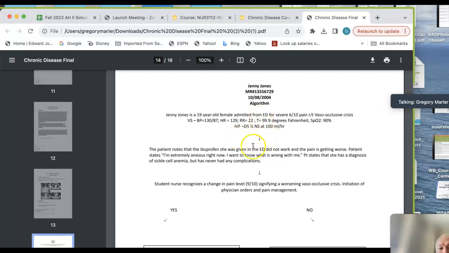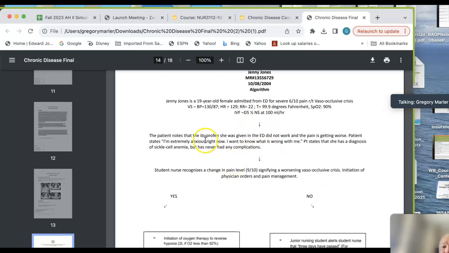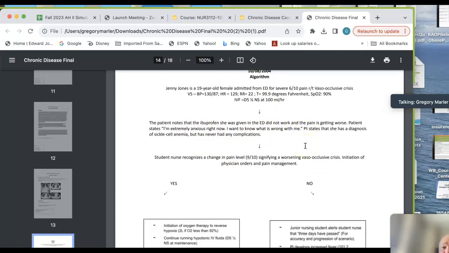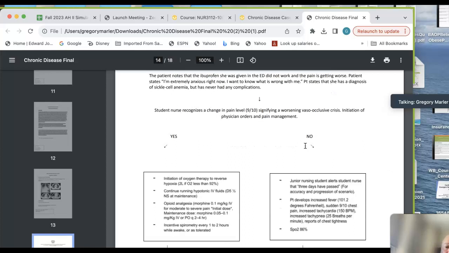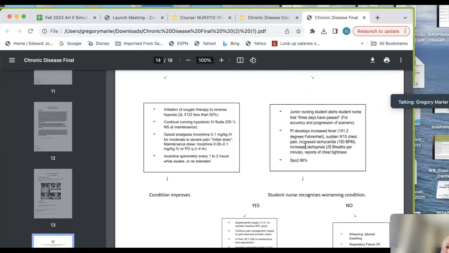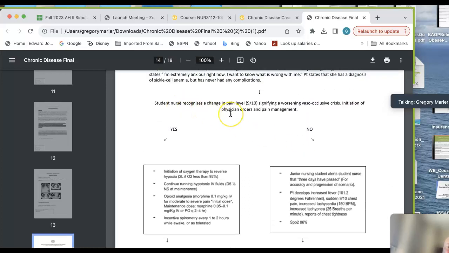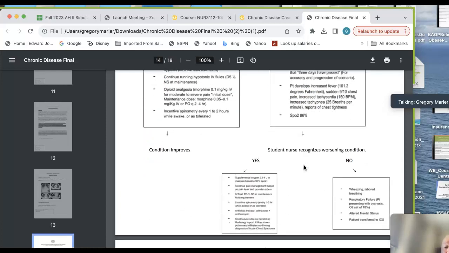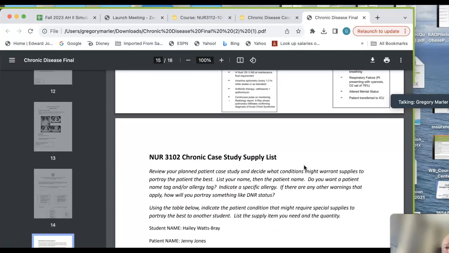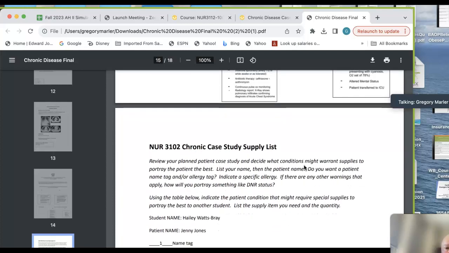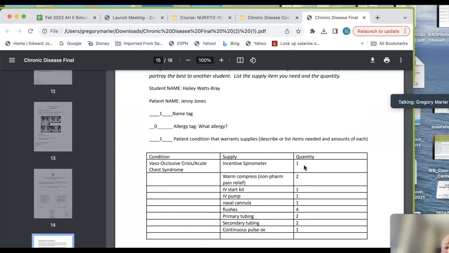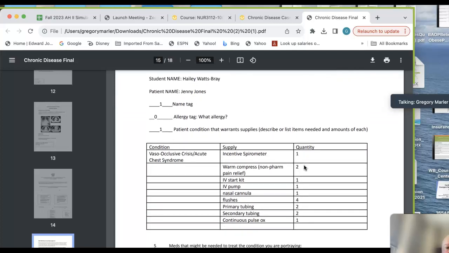As in, these are the vital signs, what happens whenever the student says certain activities from their observing nurse or their caretaking nurse, and then also breaks it down into where they expect that if students recognize changes in clinical conditions, yes or no, kind of what they expect to happen. And then also they've provided their supply list that all this equipment is going to be available on a standard cart.